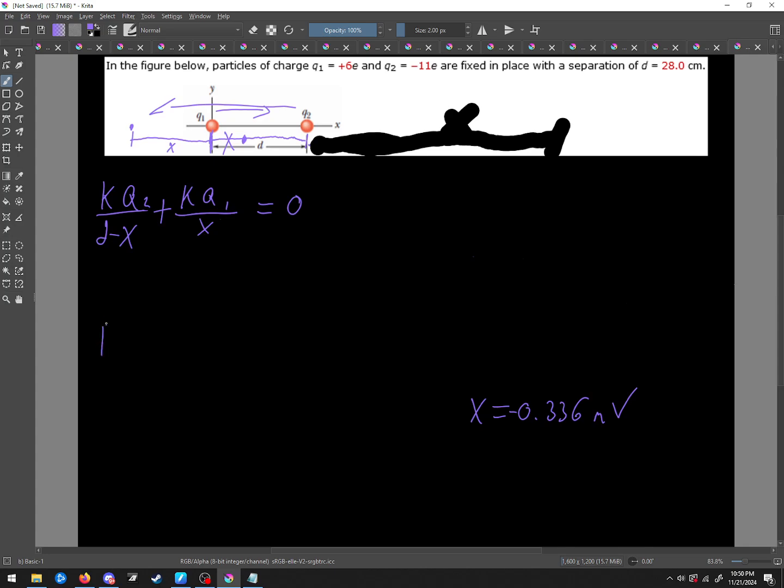So with this then, Q2 over d minus x equals negative Q1 over x. So then Q1x minus Q1d equals Q2x.